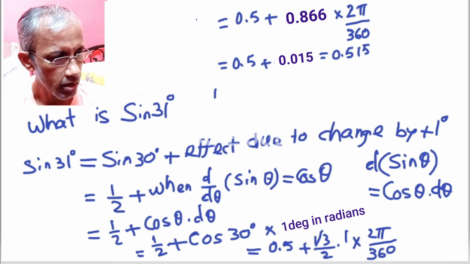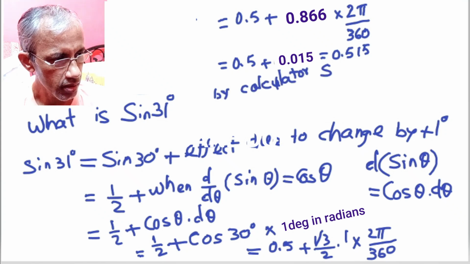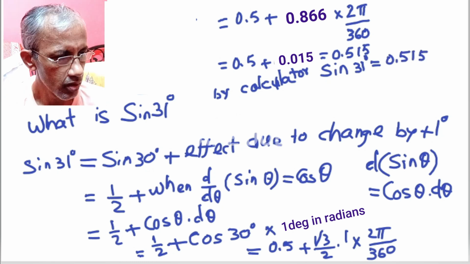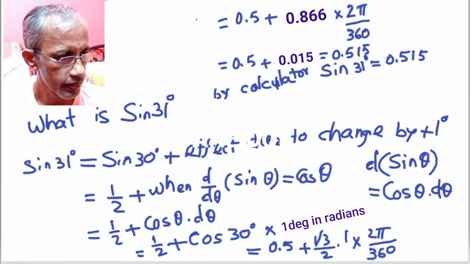And by calculation in the calculator, sine 31 degrees is equal to 0.515. So up to 3 places after the decimal point, it is correct.